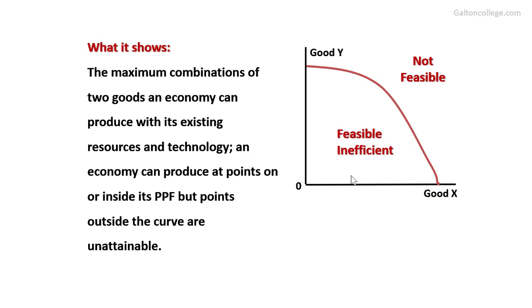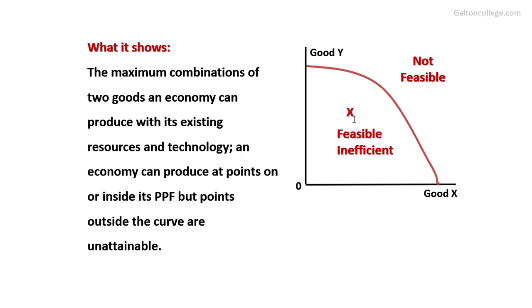We could do that and get up to the frontier. So if we're operating somewhere in here, we can always try and get to the frontier, and that will give us more of X and more of Y, more of the two goods that this very strange little economy produces. But we could get more of them if we're inside.